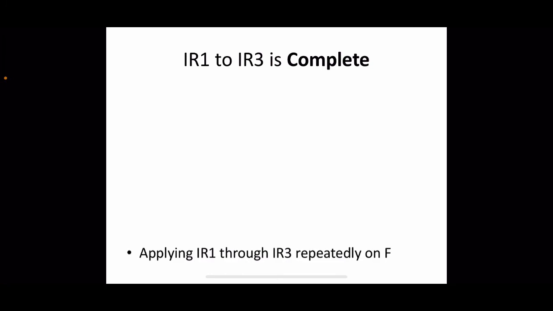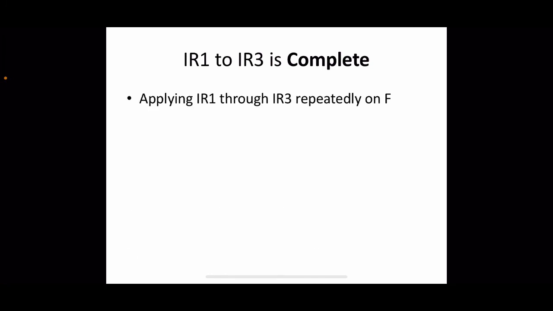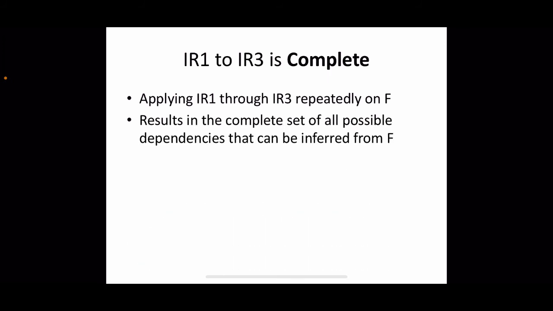That means applying IR1 through IR3 repeatedly on F, we will get a set of dependencies, right? This will be the complete set of all possible dependencies that can be inferred from F. So only these three rules are enough to generate all the possible functional dependencies from a given set of functional dependencies.